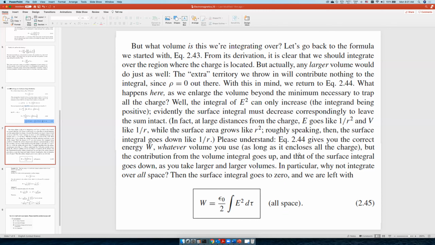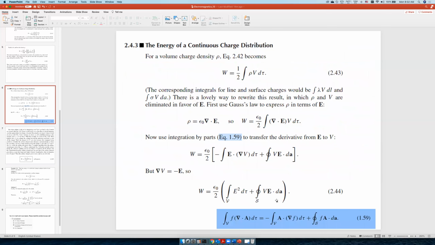So if we choose the integral space to be infinitely large, then this term becomes 0, because as we said, V goes like 1 over R, E goes like 1 over R squared, but dA goes like R squared.